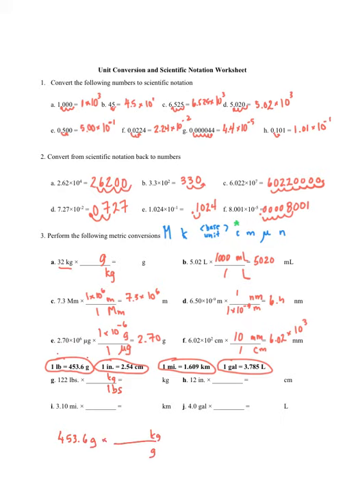According to our metric prefix timeline, there are 1,000 grams in every 1 kilogram. So anytime I see 453.6 grams, that's exactly equivalent to 0.4536 kilograms. Multiplying that by 122 gives us the 3 significant digits, 55.3 kilograms.